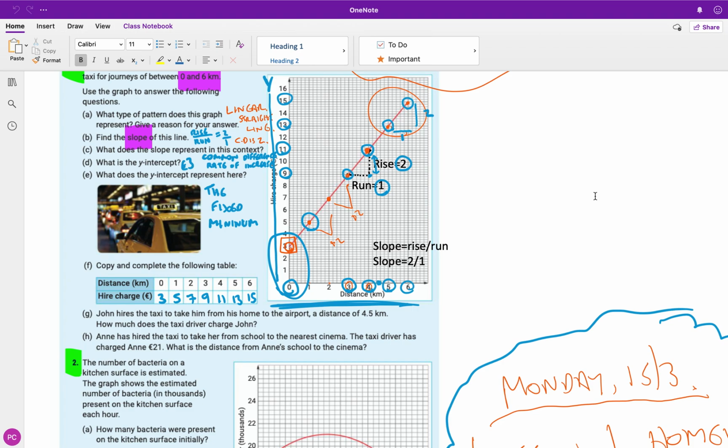So what I do is I bring a line all the way up to my graph. When it hits the graph, I go in. My answer is going to be, it's going to cost me €12.